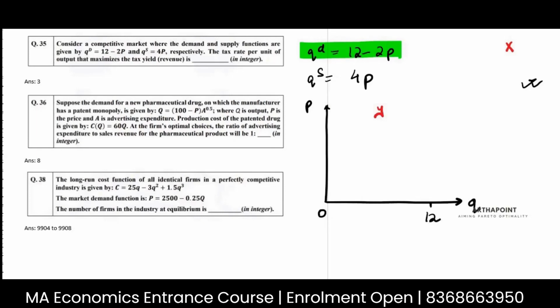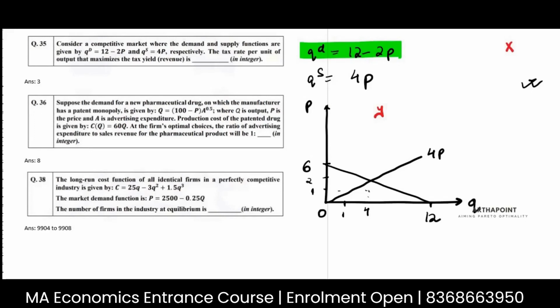And when demand is 0, price is 6, something like this. This is my demand curve. And then you have a supply curve which says when price is 1, quantity is 4, something here. When price is 2, quantity will be 8, and something like this. This will be your supply curve.